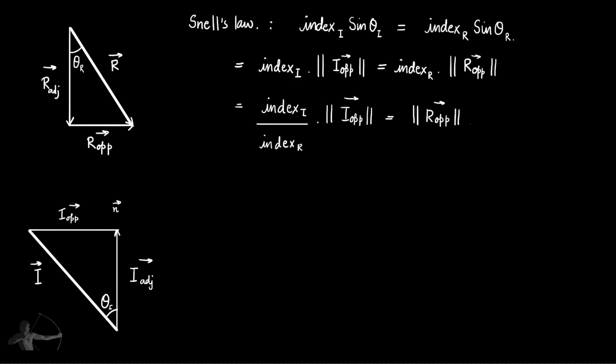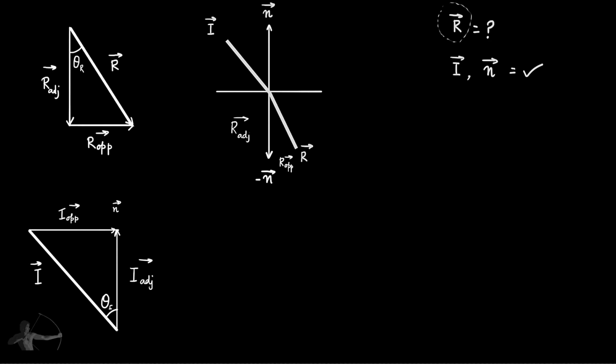So now we know one more thing, that the direction of I opposite and R opposite is the same. If we look back to our original diagram from which we isolated these two triangles, this is I opposite and this is R opposite, and the directions of both the vectors are the same.